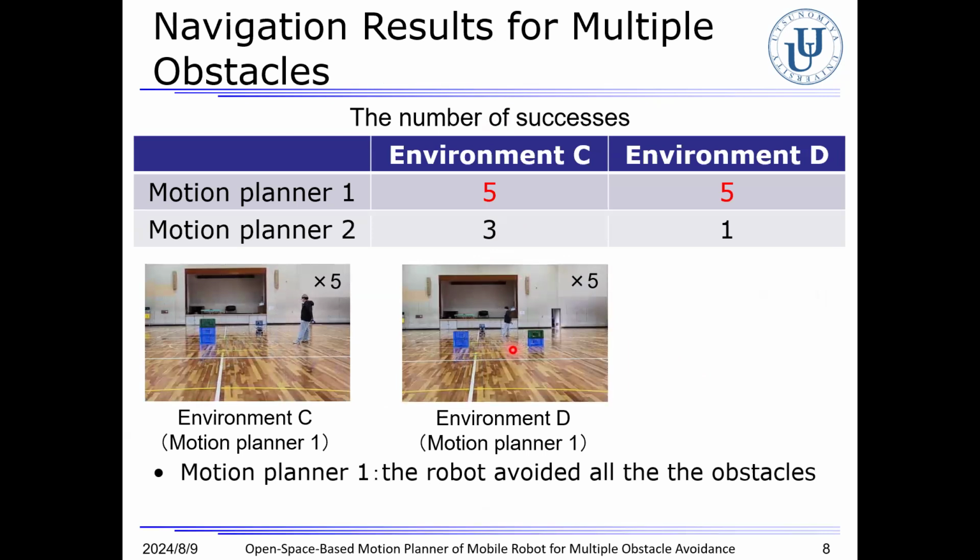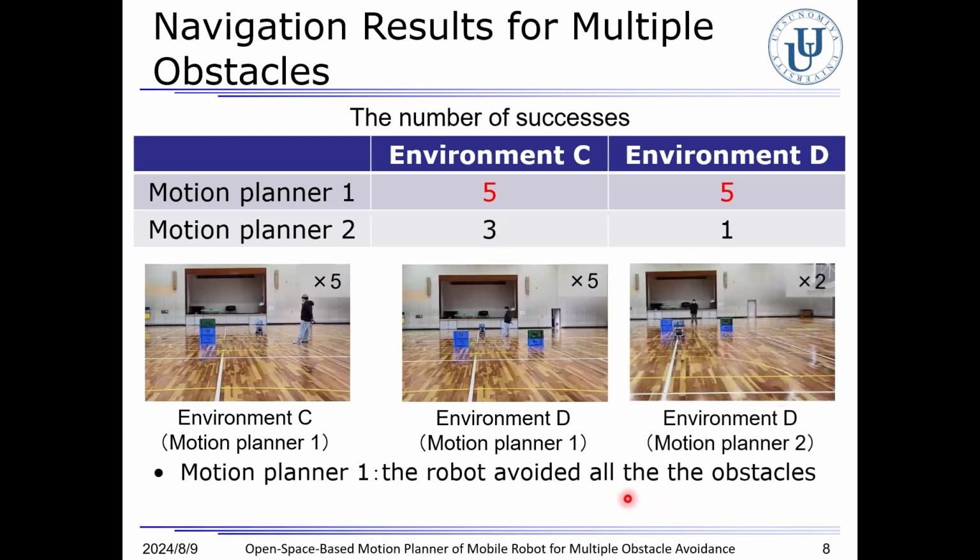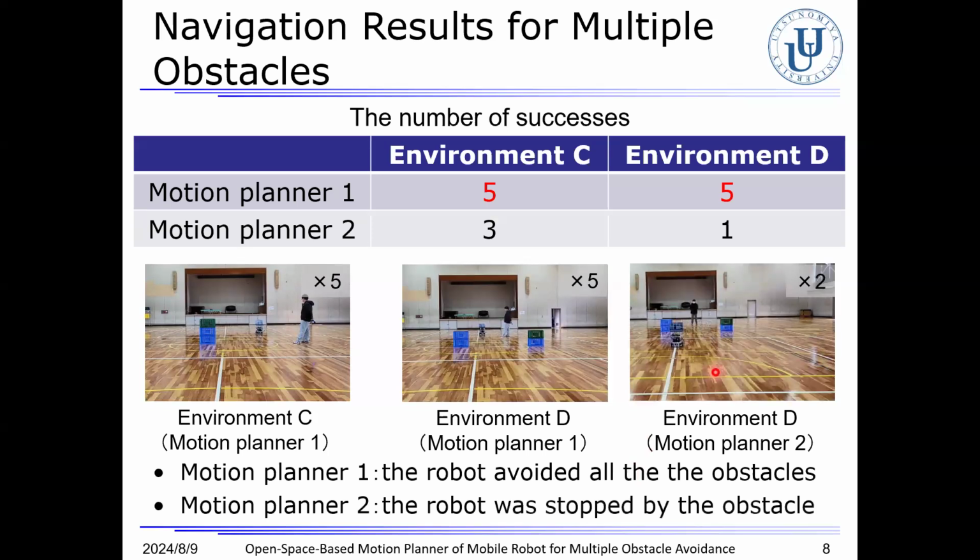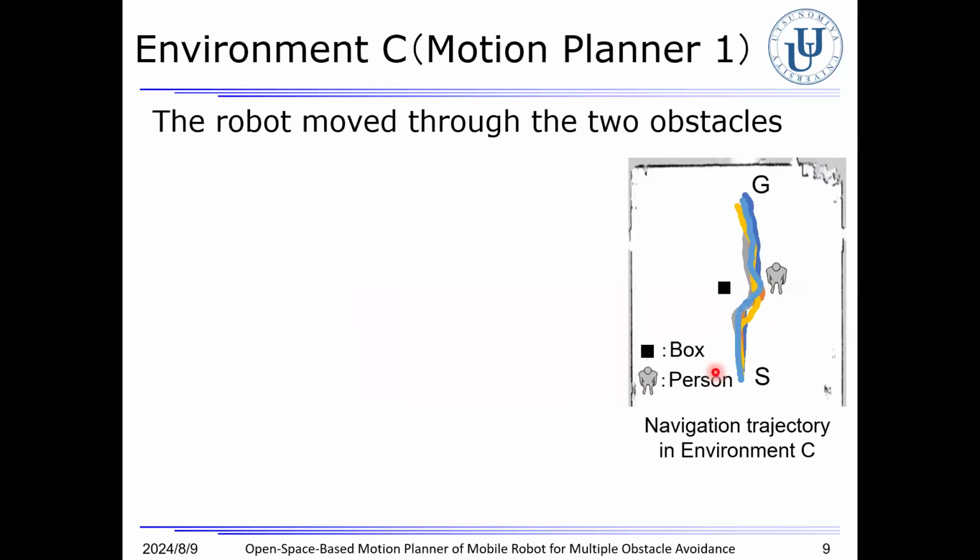On the other hand, the robot based on the motion planner 2 with the perception and depth image input did not plan the avoidance motions and stopped by the obstacle ahead. Here, this figure shows the navigation trajectory in environment C, motion planner 1. We can see the robot moved through the 2 obstacles in all the trials.